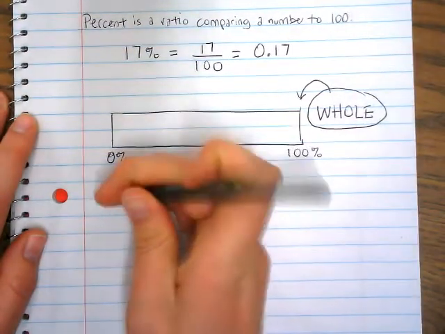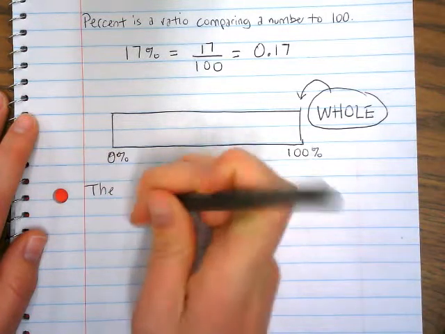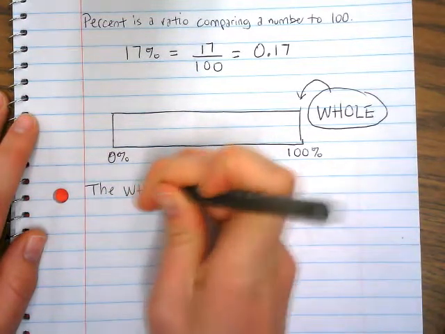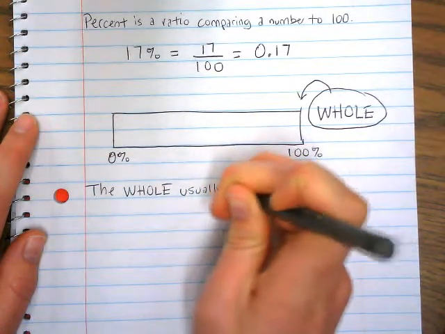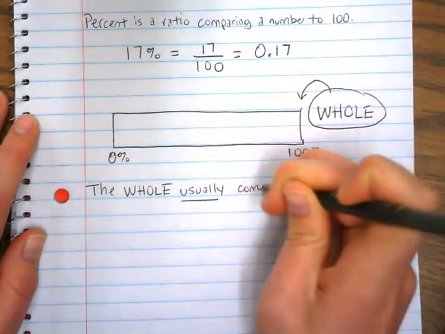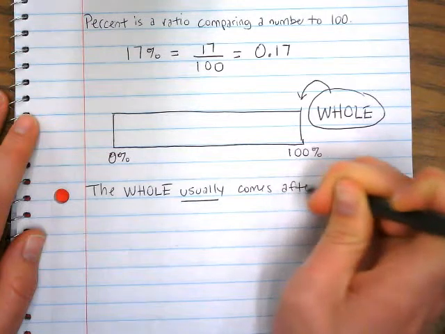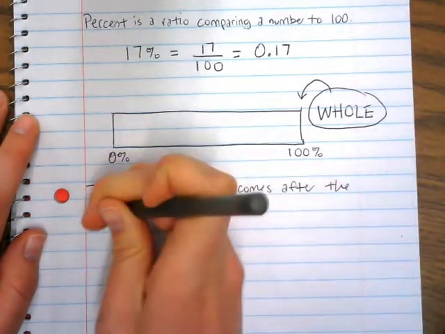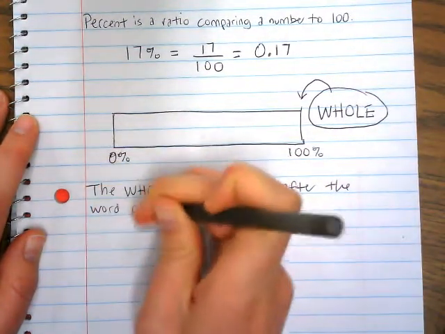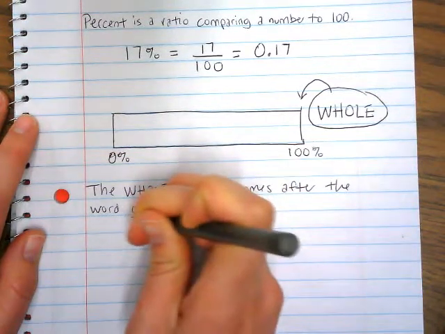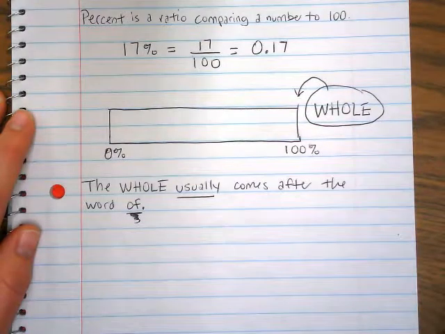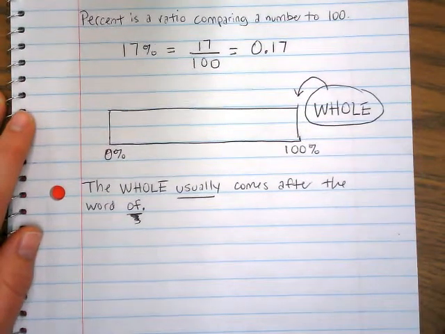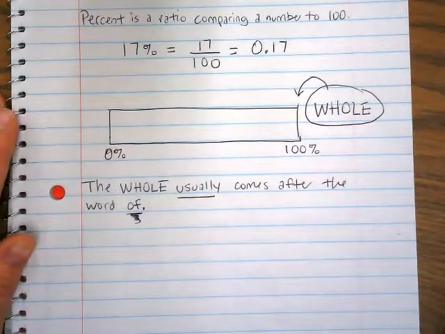Alright, the last thing I want us to write down is the whole usually comes after the word of.